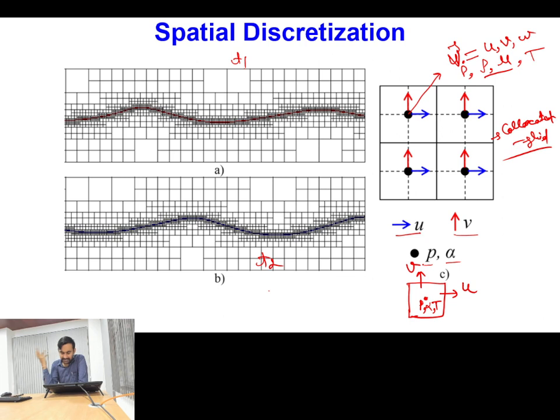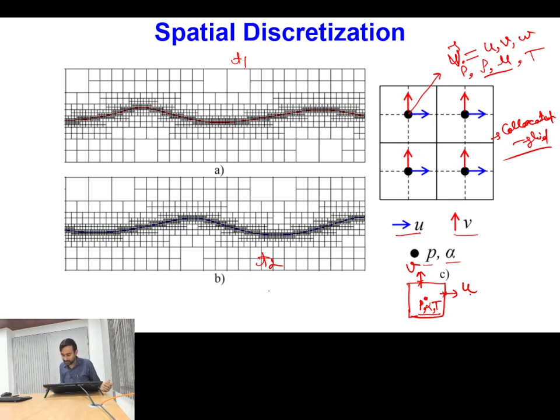Depending upon the type of scheme you are using, this staggered arrangement is often helpful, because the center of the control volume you can define as your scalar node, and the face-centered values you can define as your vector nodes.